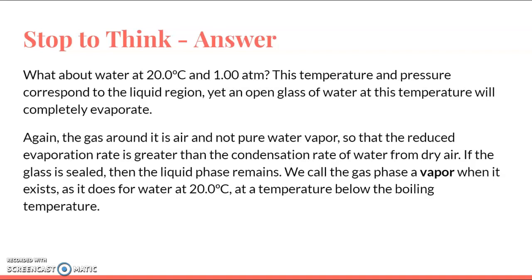Therefore the rate of evaporation is going to be much greater than the rate of condensation of the water vapor in the air back into liquid water. If we put a perfect seal on the glass, then we'll have equilibrium, and the evaporation and condensation rates will be the same.